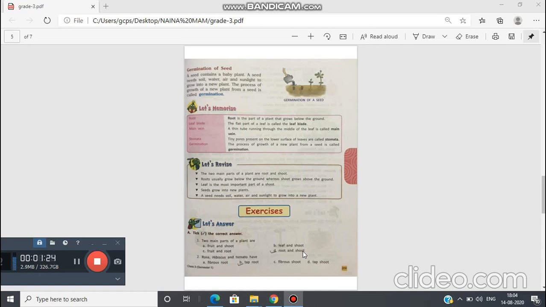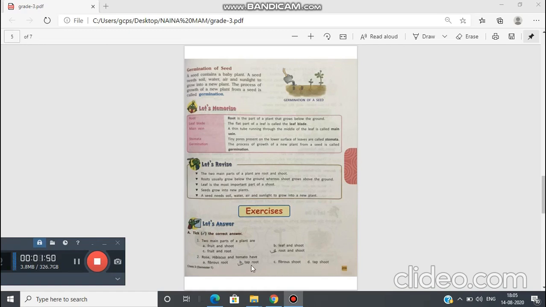We have read in the chapter, root and shoot are the main parts. Rose, hibiscus and tomato have fibrous root, taproot, fibrous shoot or tap shoot.